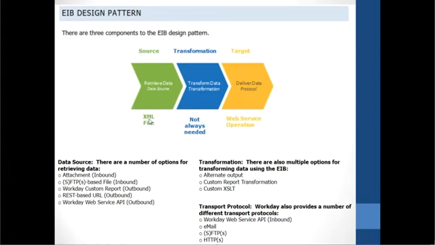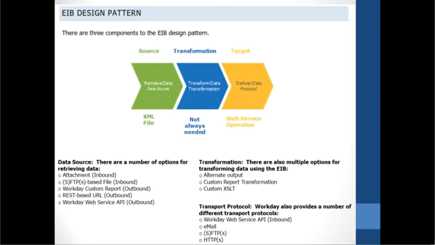It's very simple, guys. In terms of these three design patterns, it is very simple for us to create our EIB. If you see the data source, it has options like attachment, inbound. You can attach the file, or you can take the file from a particular server location and load it into Workday.